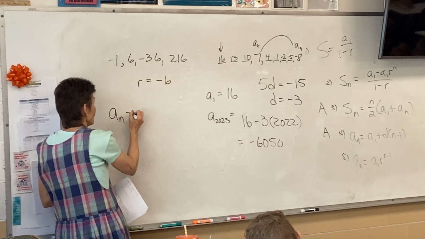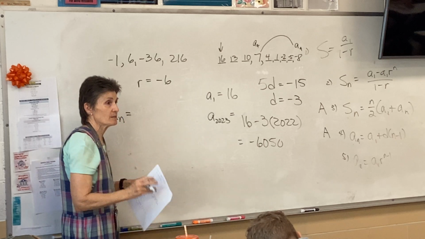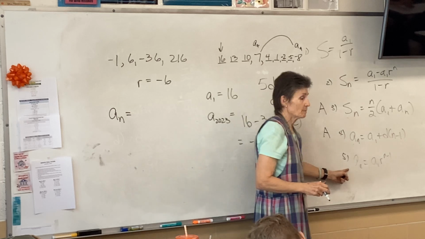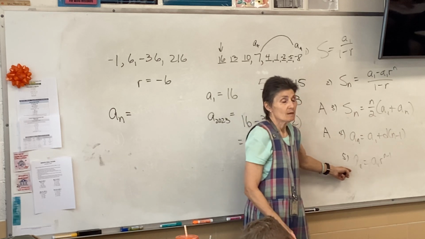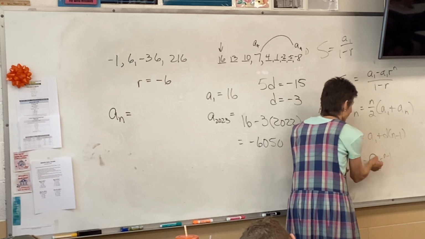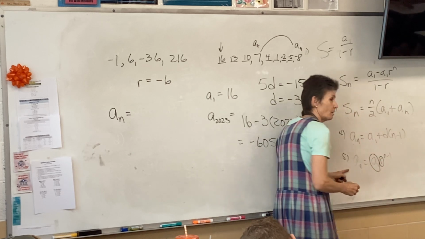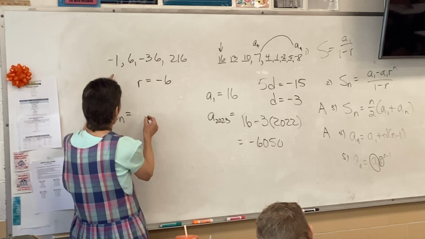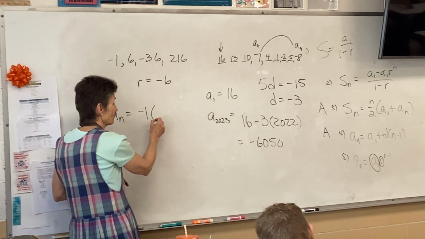I am going to write the explicit rule. And you might remember, I'm using this formula right here. When I write my explicit rule, I put in my first term and my ratio. That's all I put in. So my first term is negative 1.